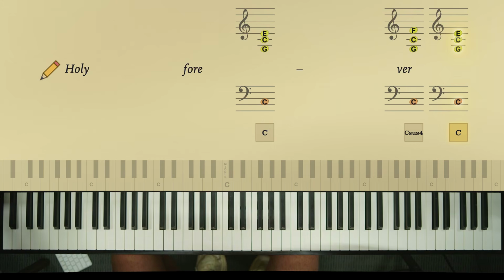All right, here's the verse. You ready? Here's the verse. 1, 2, ready, go.